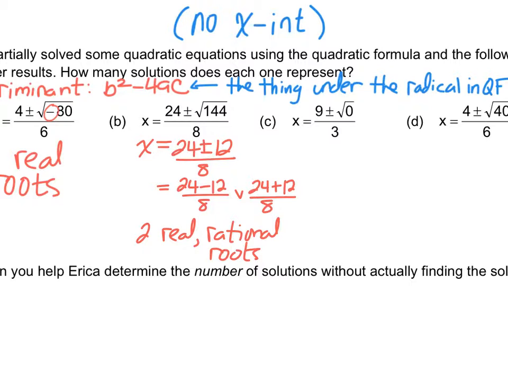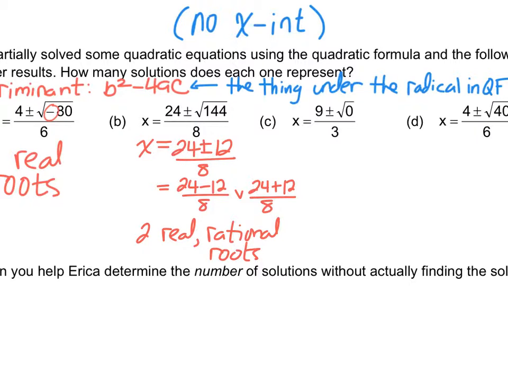The discriminant is the number that's under the radical. So if you were given a quadratic equation and compute b squared minus 4ac, you would get these numbers under the radicals. The types of numbers that you get dictate how many roots you have. If it's negative, it's imaginary and therefore no real roots. If it's a positive number that's a perfect square, then there's 2 real rational roots.